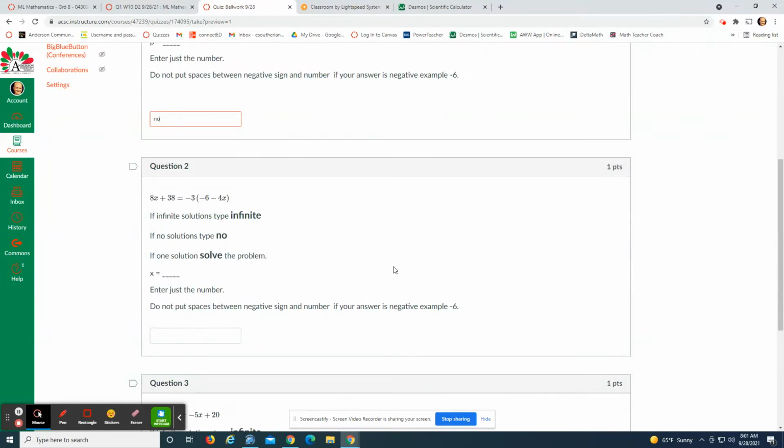And then you look at the next problem and you start it the same way. 8x plus 38 is equal to negative 3, parentheses, negative 6 minus 4x, close the parentheses.